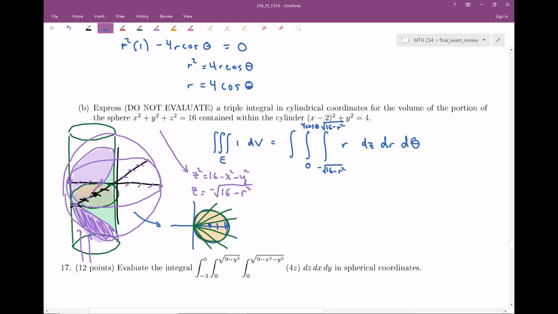And now finally we have to think about what are our theta values. So certainly theta equals 0 should be in there. And maybe theta equals pi over 6, and maybe pi over 4, and maybe even pi over 3. And then maybe at pi over 2, we're perfectly there at the start. Because if I was to plug in pi over 2, cosine of pi over 2 would be 0. So I think our upper limit of integration should be pi over 2.